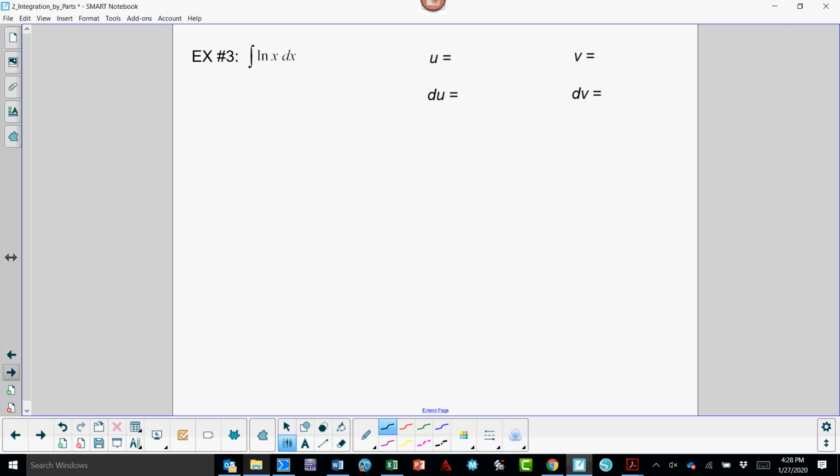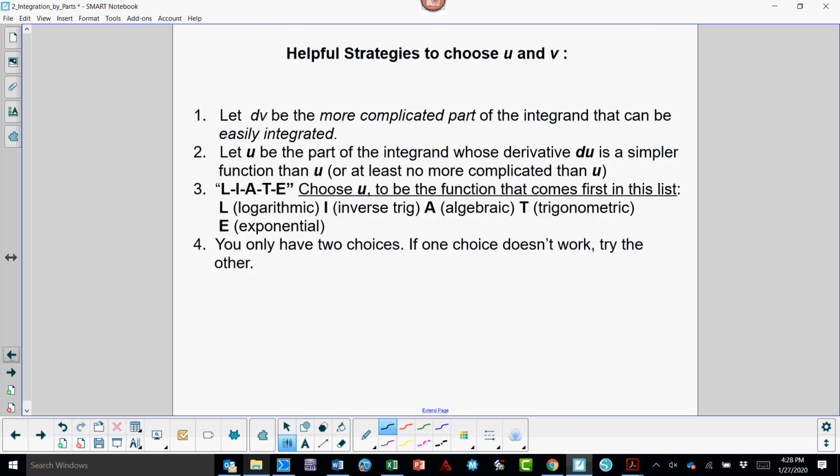We certainly can't pick ln of x to be dv, because then we would have to integrate it to get v, and we don't know the integral of it. That's the whole point. So we're going to let u equal ln of x. If we go back to the guidelines here, this is one that I like to use. Again, it's never perfect.